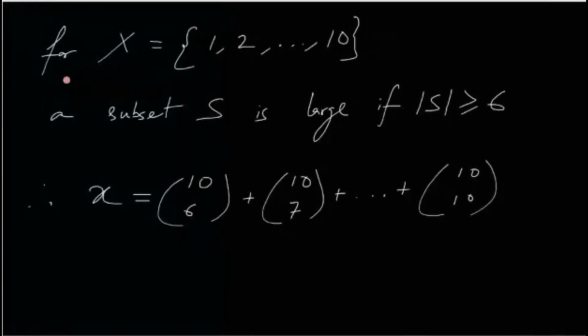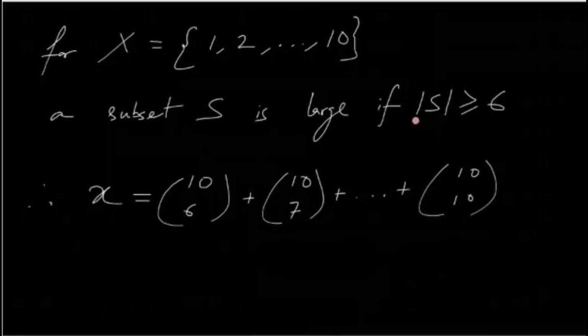For the set X, a subset S is large if its cardinality, that means the number of elements in that subset S, is greater than or equal to 6, right? Because if it contains 6 or more elements, then its complement is going to contain 4 or fewer elements. So in that case it will be a large subset.